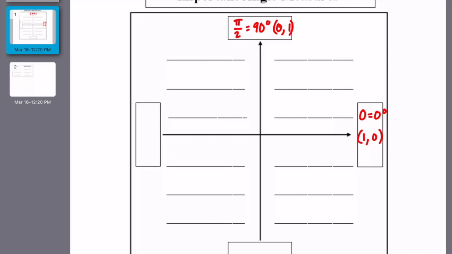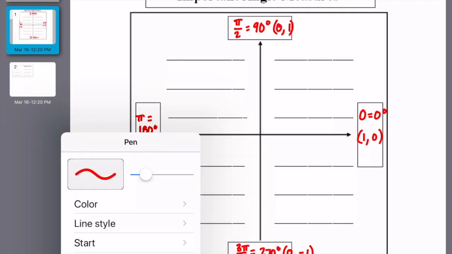Then we have pi, which is 180 degrees, and this is the point (-1, 0). The fourth point down here is 3 pi over 2, or 270 degrees, and that terminal point is at (0, -1).